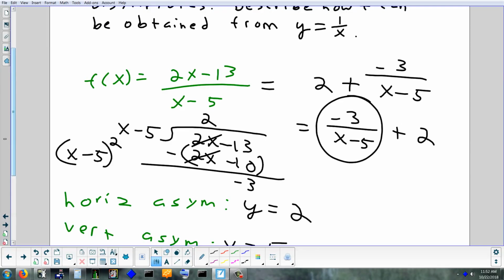What does it do when you put a number inside the function? Which way does it shift it? Yeah. Like left or right? It shifts it left or right. So you look at the number after the minus sign. So which way is this one going to shift first? Chris?